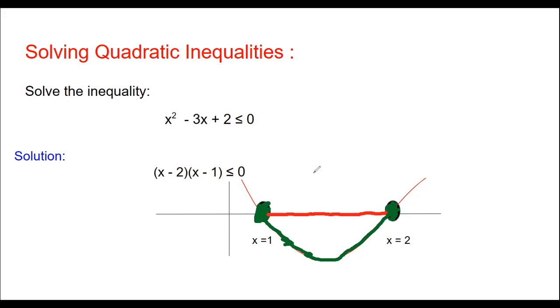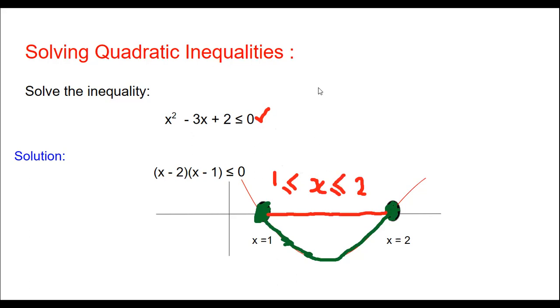Okay, so if you have x being greater than or equal to 1, but less than or equal to 2, then this inequality will hold. So let's try values where x is bigger than or equal to 1, but less than or equal to 2.